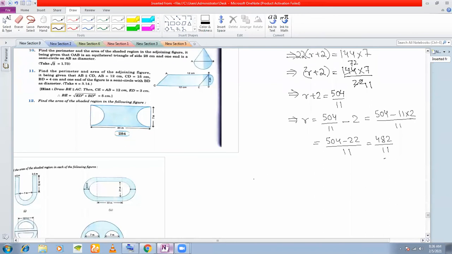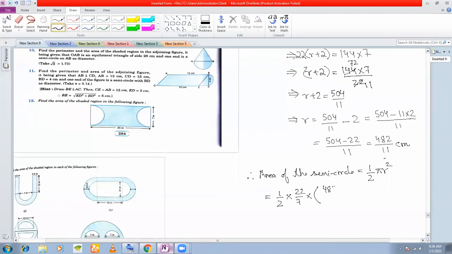So therefore area of the semicircle is equal to half pi r square. So half into, put the value of pi as 22 by 7, into radius we have found out this much centimeters.